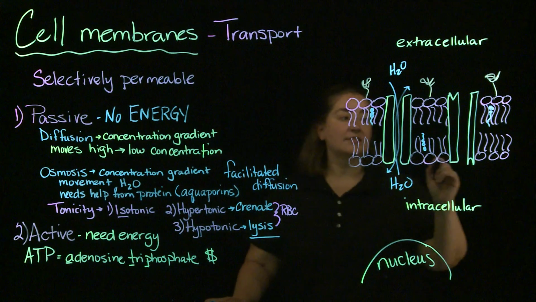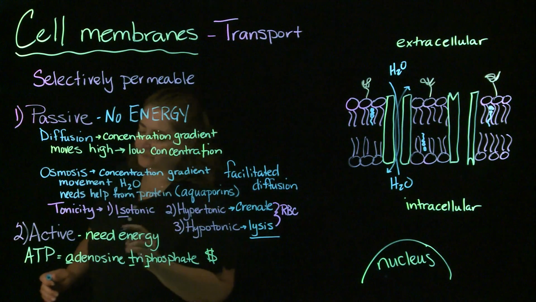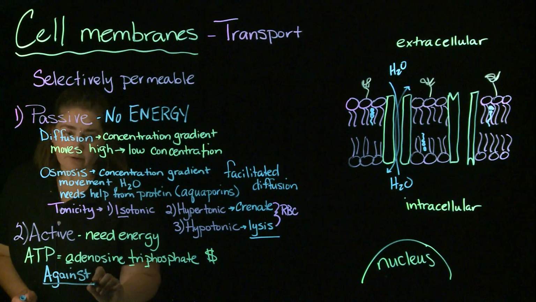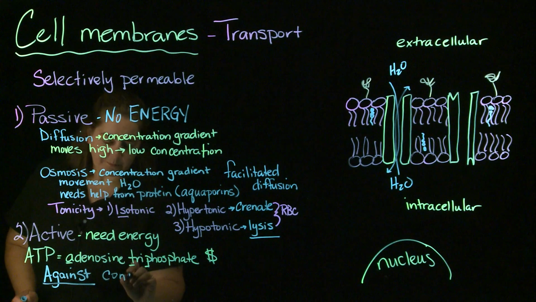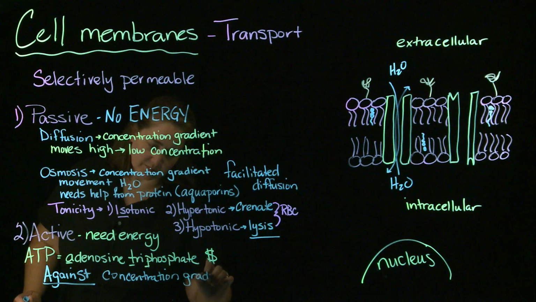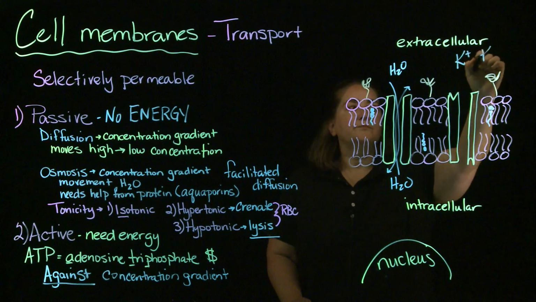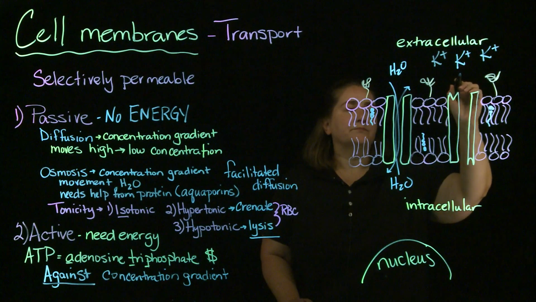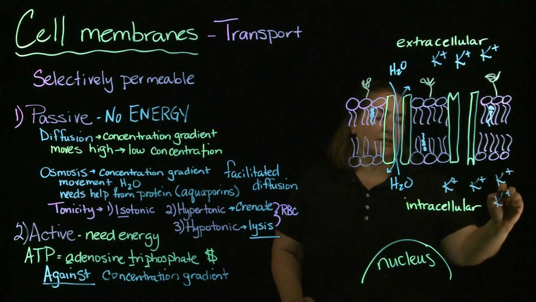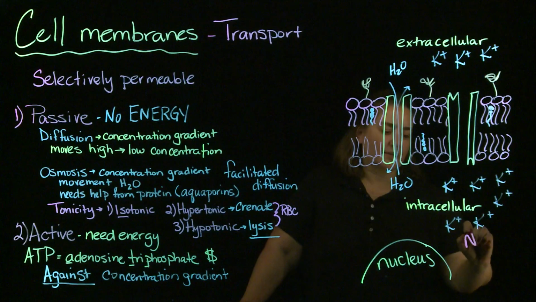And in order for something to move across the cell membrane, in the case of active transport, we are always going to be going now against our concentration gradient, which is going to mean you've got more of something on one side than you do on the other. Okay?